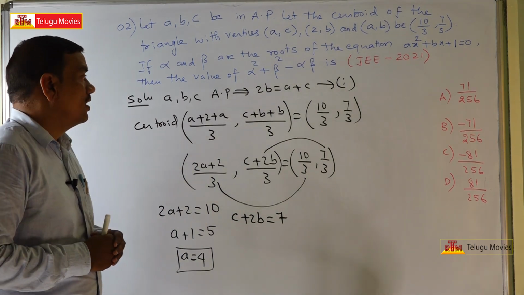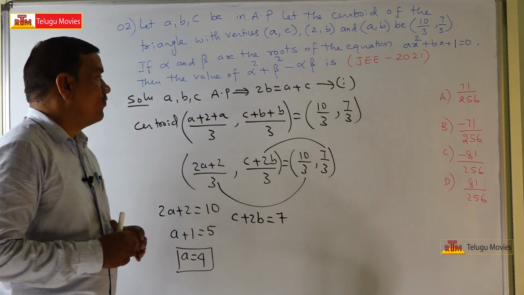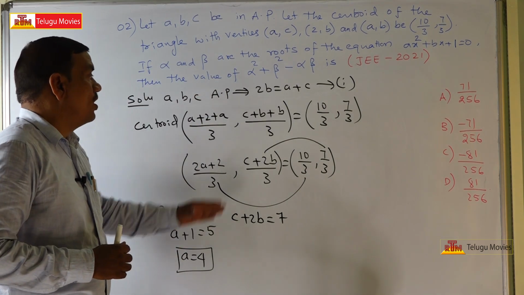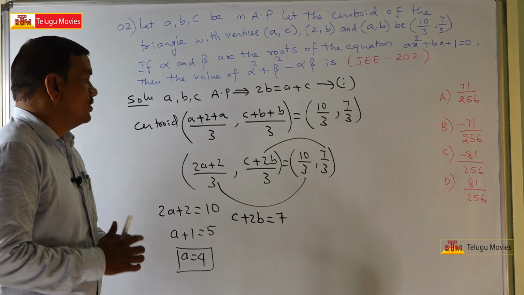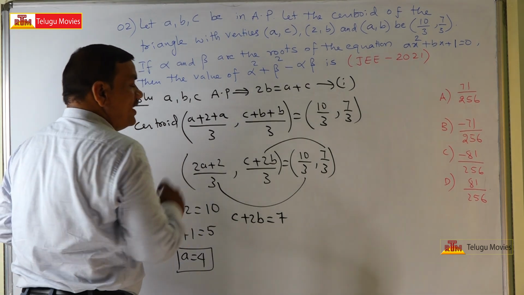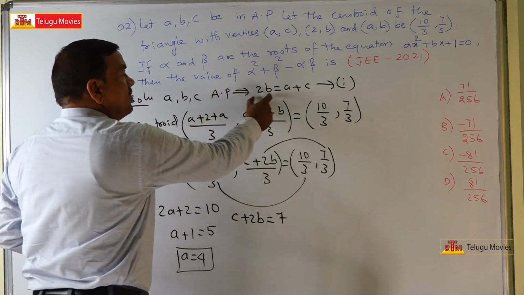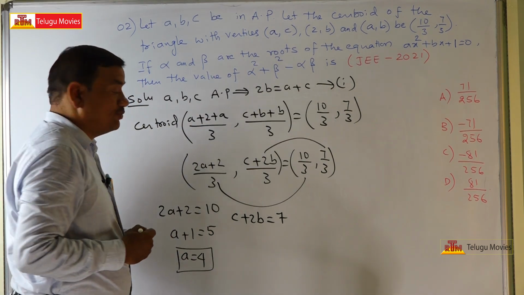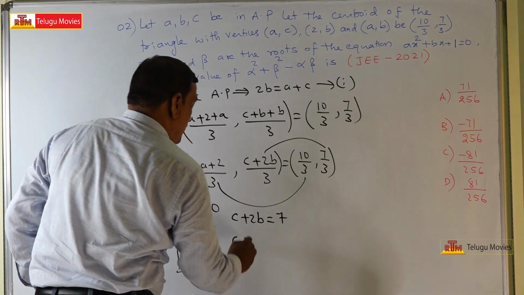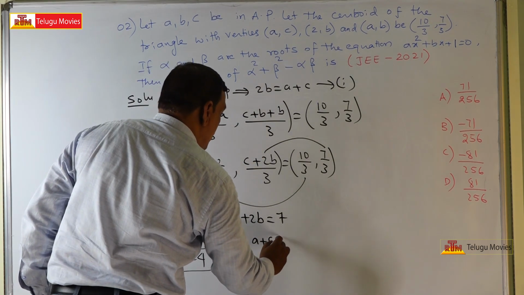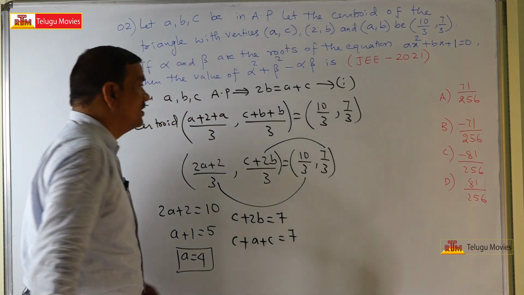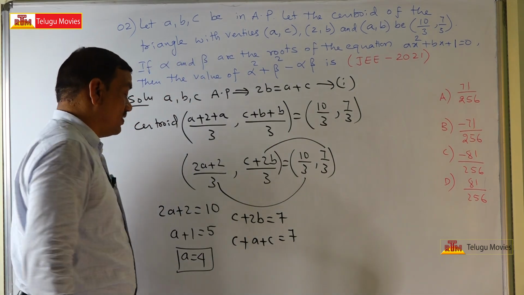Now, coming to the first equation, 2b is equal to a plus c. What is the value of 2b? It is a plus c. Can I substitute it here, in place of 2b? c plus a plus c is equal to 7, from equation number 1.